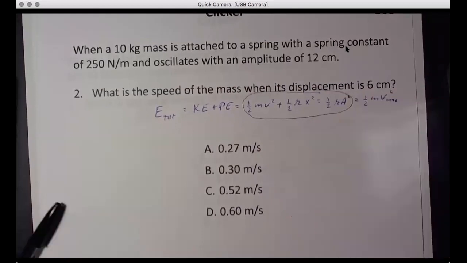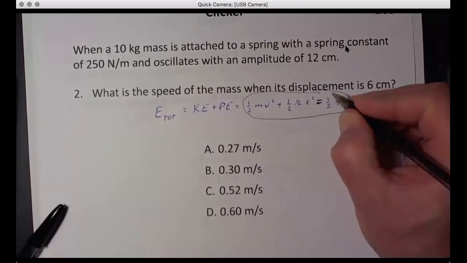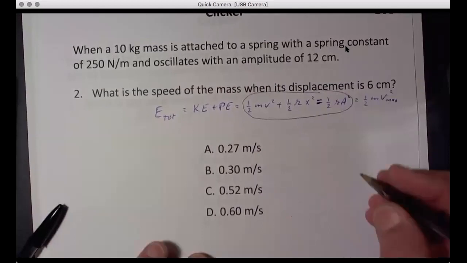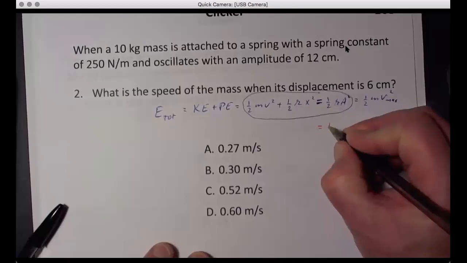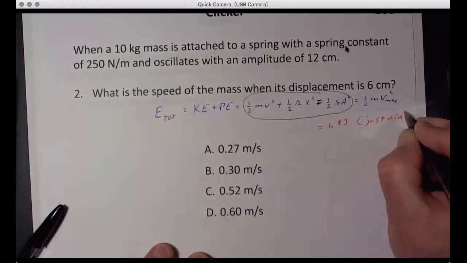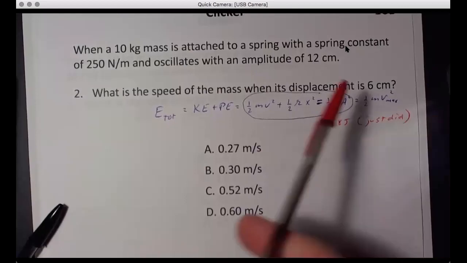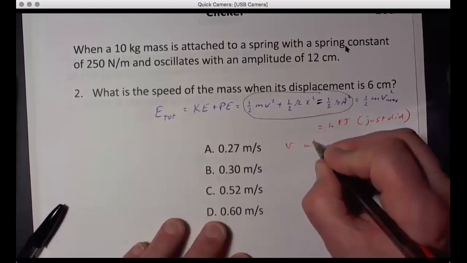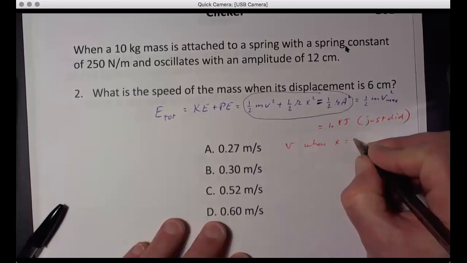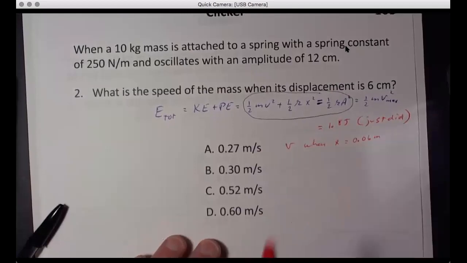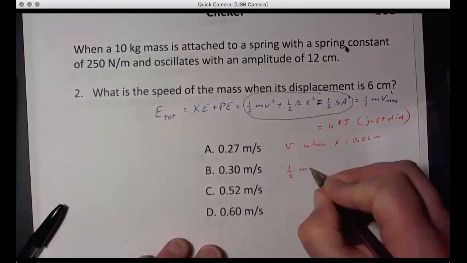And so we already know that this is equal to 1.8 joules because we just did that. Generally, you'd have to work it out if this was the only problem you had. And we want v when x is equal to 0.06 meters. That's 6 centimeters.